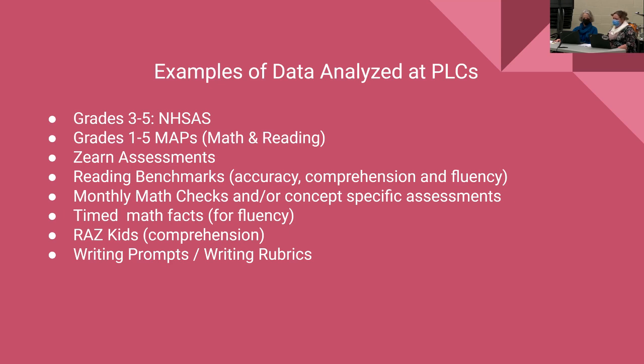Some grade levels, not all, do a monthly math check and time math facts for fluency. RAZ Kids is a tool they also use for reading comprehension. And a lot of focus, at least at RMS this year, has been on writing, and at JGS as well. So that's some of the data that they look at.